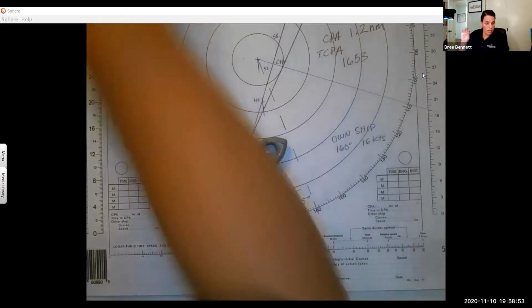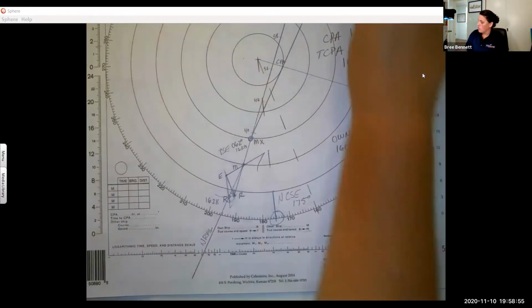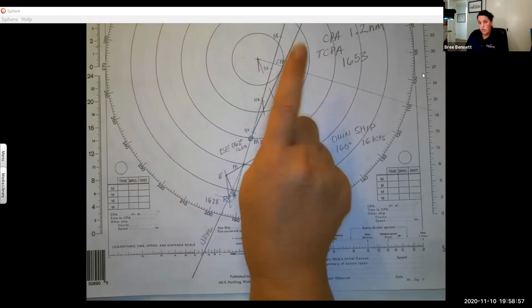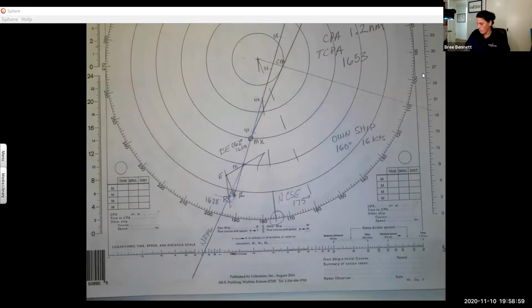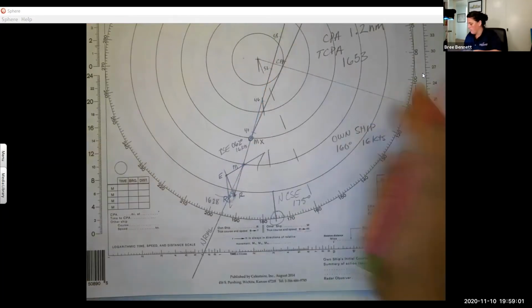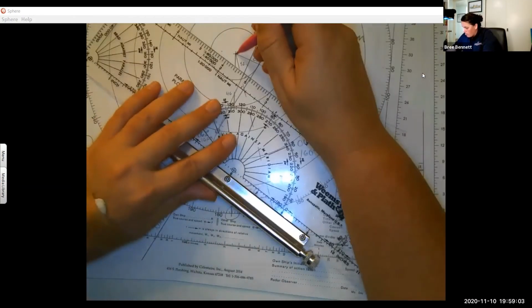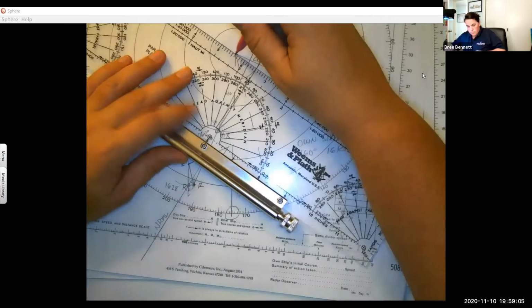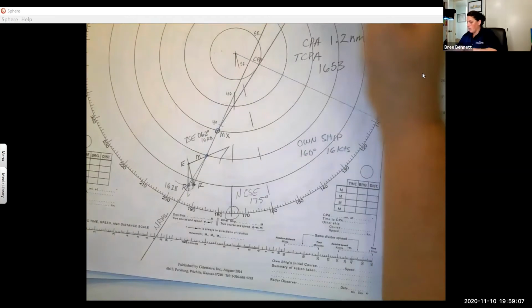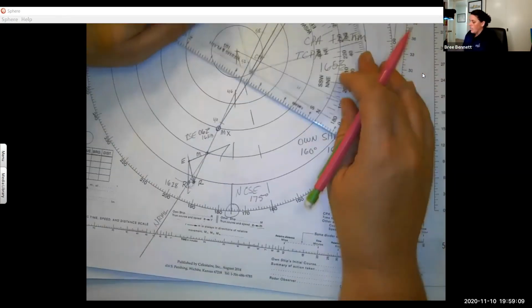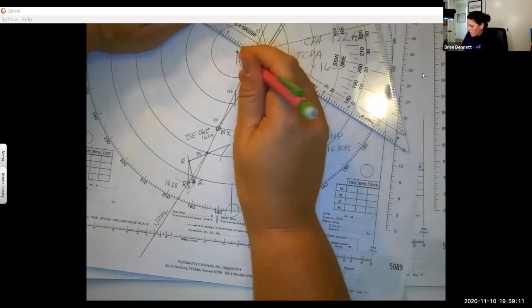Okay, so let's start with our new CPA. So we created a new CPA, which is pretty close to the other one, but a little bit off. Again, I do a perpendicular line to the new relative motion line.